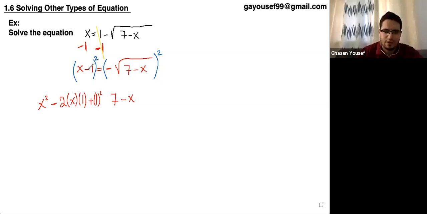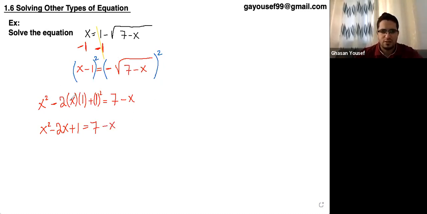Again, this equals the first term squared minus 2 times x times 1 plus the second term squared. Now I get x squared minus 2x, because 2 times x times 1 is 2x, plus 1 equals 7 minus x. Again, how do I get this one, x squared minus 2 times x times 1 plus 1 squared?